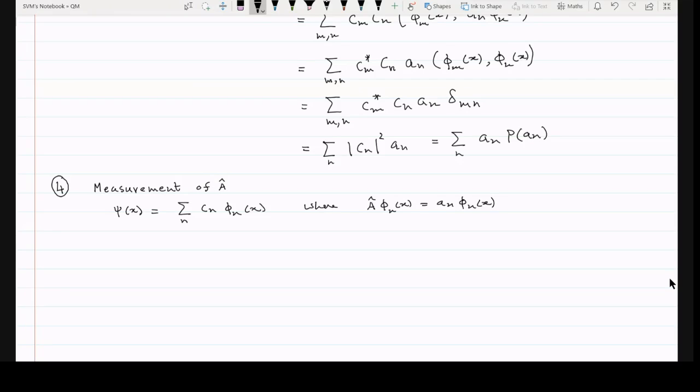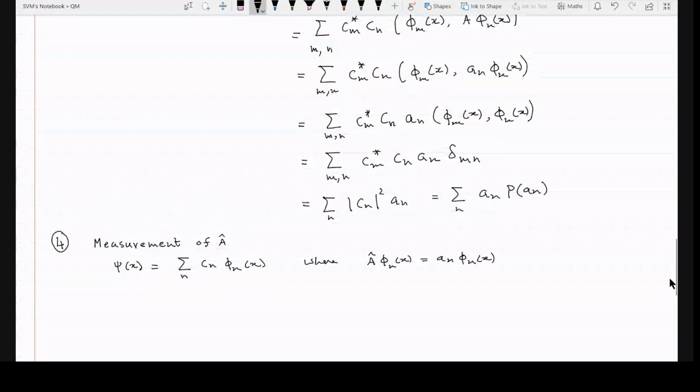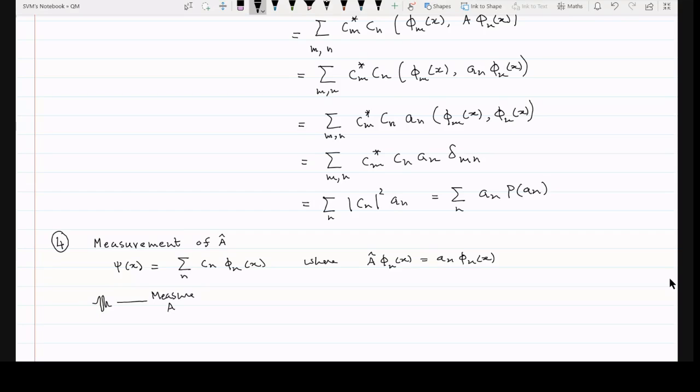Now suppose you measure A. I have one system, some kind of a particle, coming in, and you measure A. The state of this particle is psi of x.